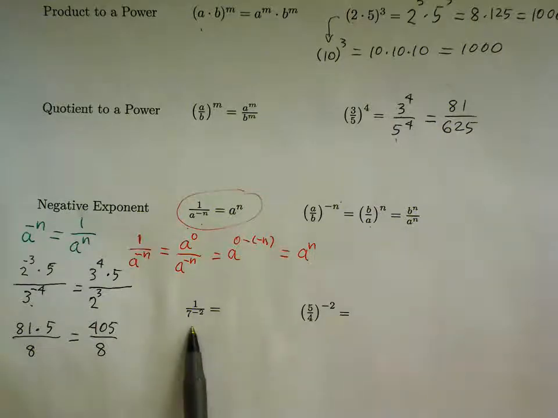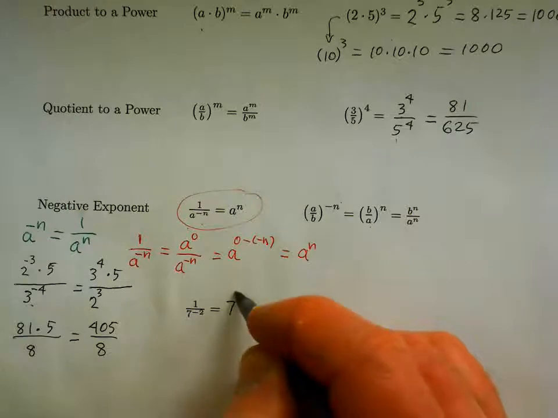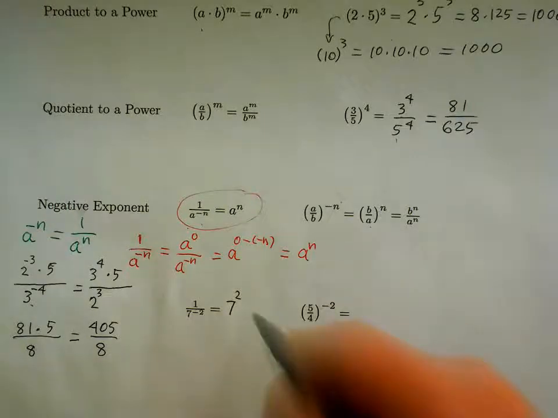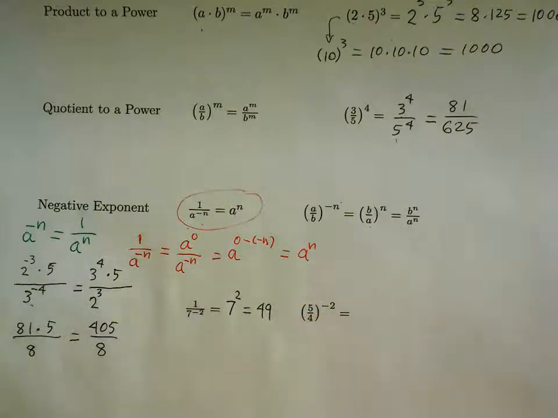Okay, this example, 1 over 7 to the negative 2. Well, that's just 7 to the positive 2. 7 times 7 is 49. In the next example, we have a fraction 5/4 to the negative 2.